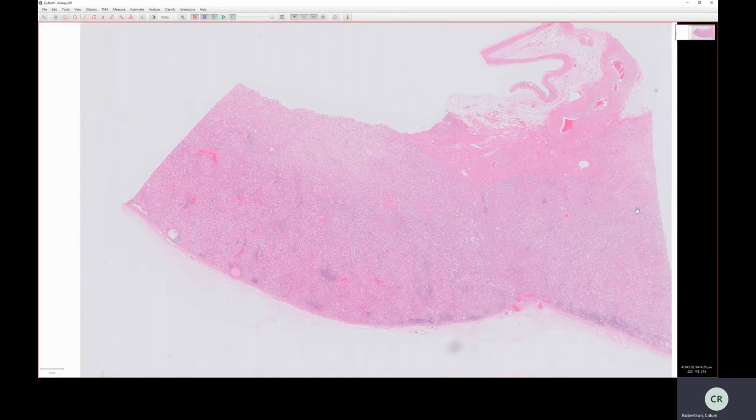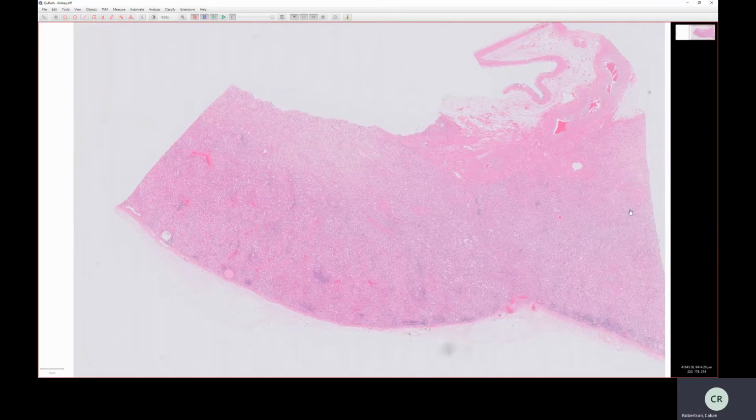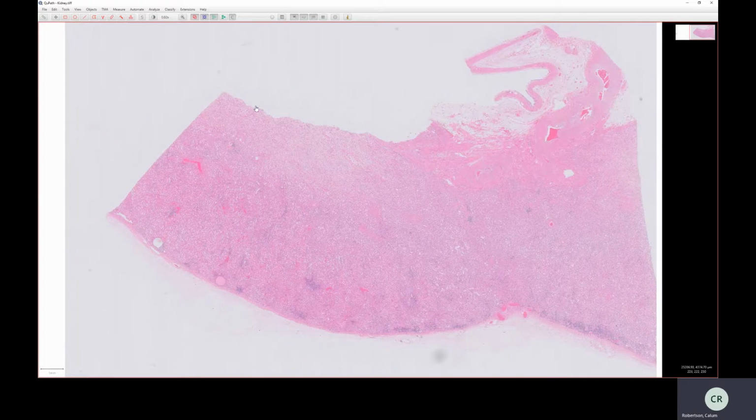So at low power here, we can see the architecture quite nicely, because this is actually an excision specimen from a nephrectomy. It wasn't taken for anything that we can see here. This patient had TCC, or urothelial carcinoma of the ureter, and as part of the surgical excision, the kidney was taken out.